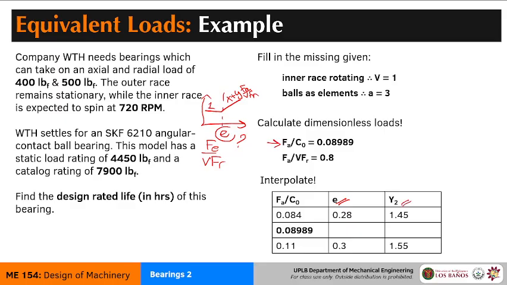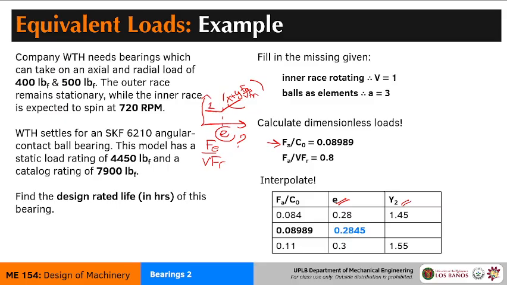This is just in advance, so that if ever we need to compute for this side, we are ready. So maybe you can try to interpolate for the value of our abscissa e, and that would be 0.2845.